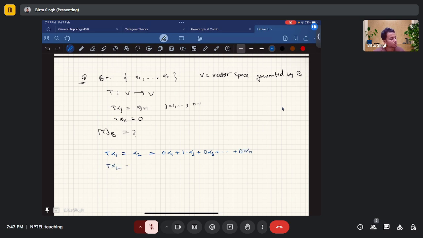Similarly, T of alpha 2 is the same as alpha 3: 0 alpha 1, 0 alpha 2, plus 1 times alpha 3, plus 0 alpha n. Similarly, up to alpha n minus 1, everything continues and can be done in a similar manner. This is 1 alpha n. And now T of alpha n is 0.